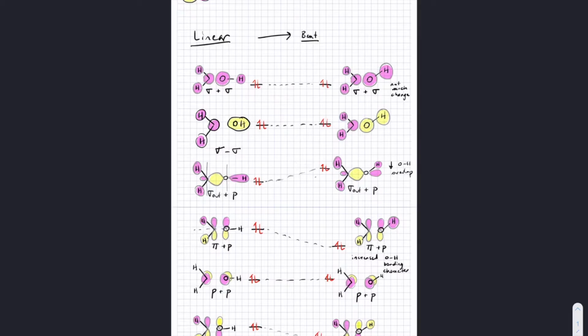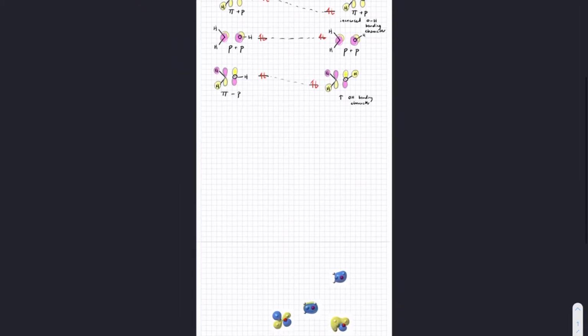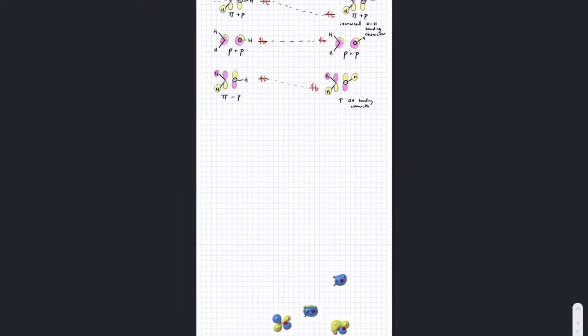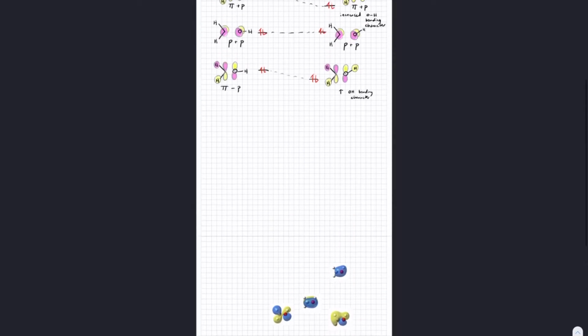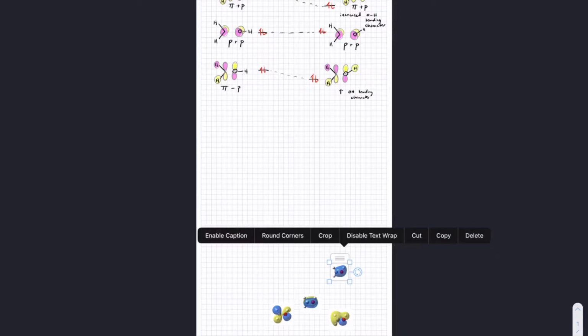It turns out that the lowest energy state for our molecule is the bent structure that we've shown you on the left, right? Sorry, I don't know my left or my right.